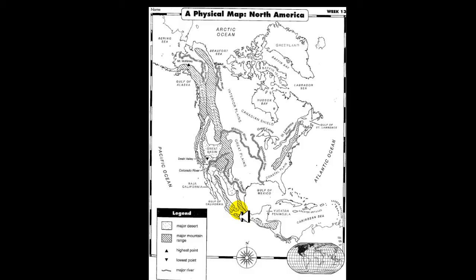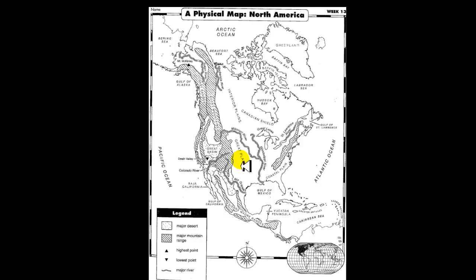You know, another thing that pops out as I'm looking at this is that there are 2 main huge features that kind of take up a lot of room right through the center or middle part, and that's the interior plains up in Canada and the Great Plains right here in the United States. It just takes a great deal of space, and so they take up a lot of room between those 2 countries.